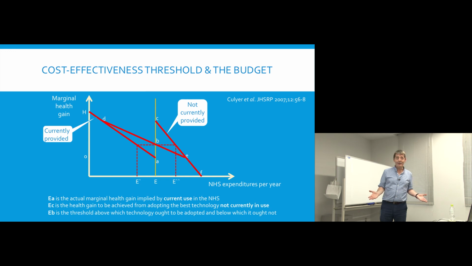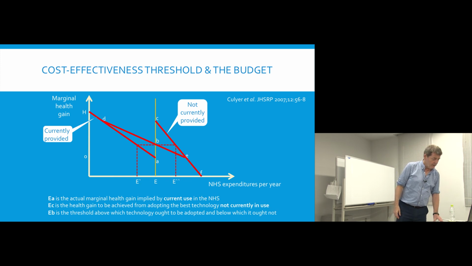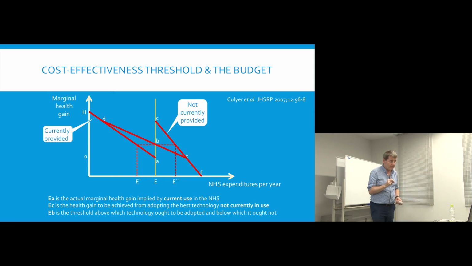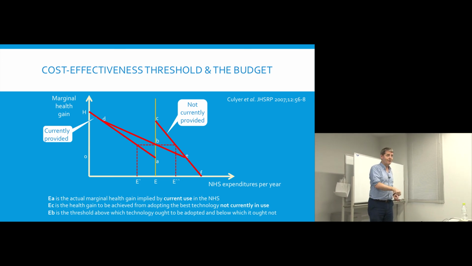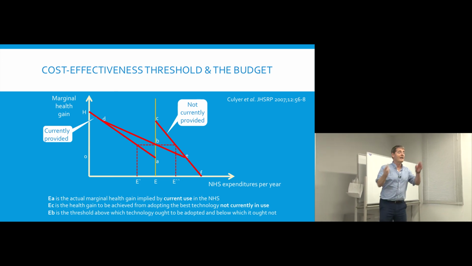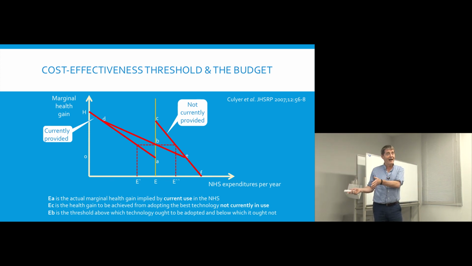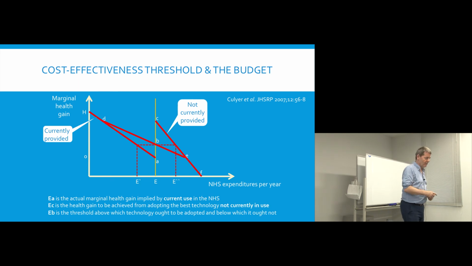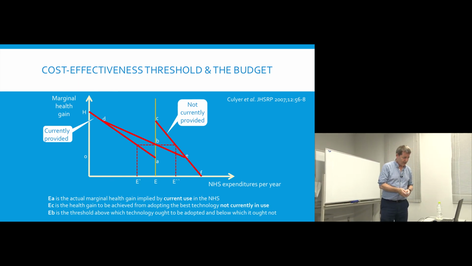Meanwhile, we've got a cost effectiveness threshold of 20 to 30,000, and so new technologies are being approved which are actually going to reduce health in the system, because by paying for the new technology, you're giving up some existing technologies, and those existing technologies can produce QALYs at £13,000. So that's a problem, a challenge, getting the cost effectiveness thresholds and the budget into line.